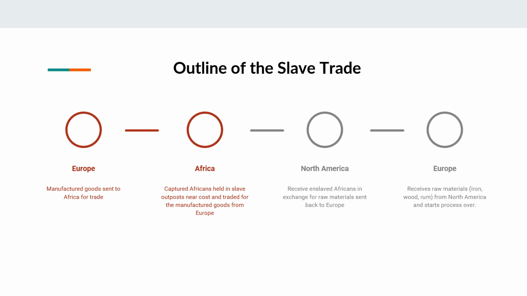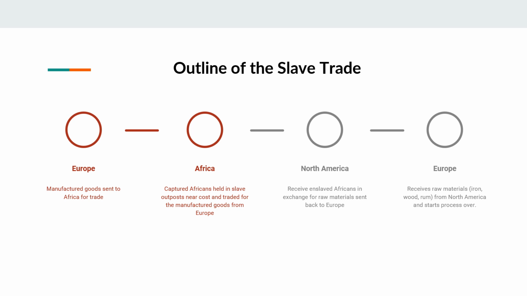They're brought to the coast and held in slave outposts, and they are traded by Africans to Europeans for the manufactured goods we've talked about. So you do have a set of Africans who are perpetuating the slave trade here on the coast. They built an economy where you can exchange human goods for material goods.